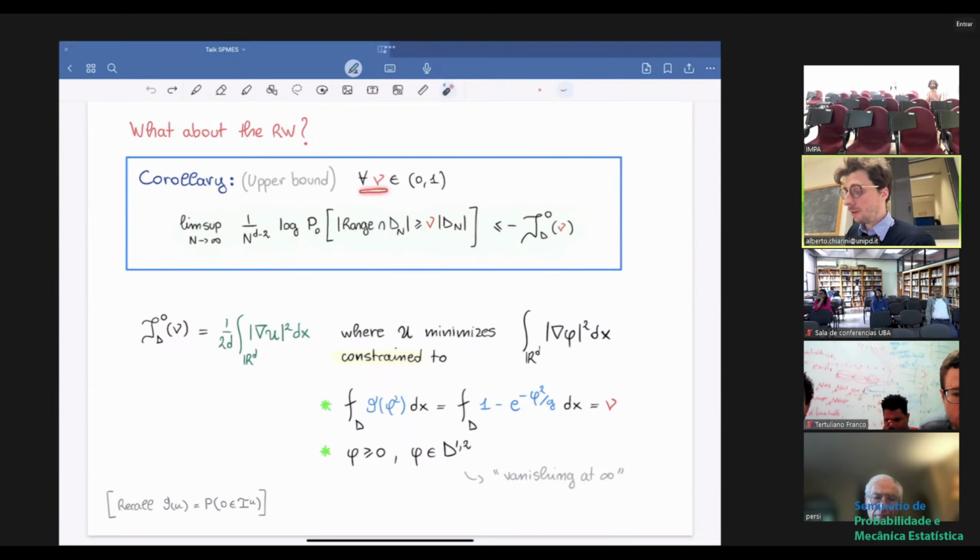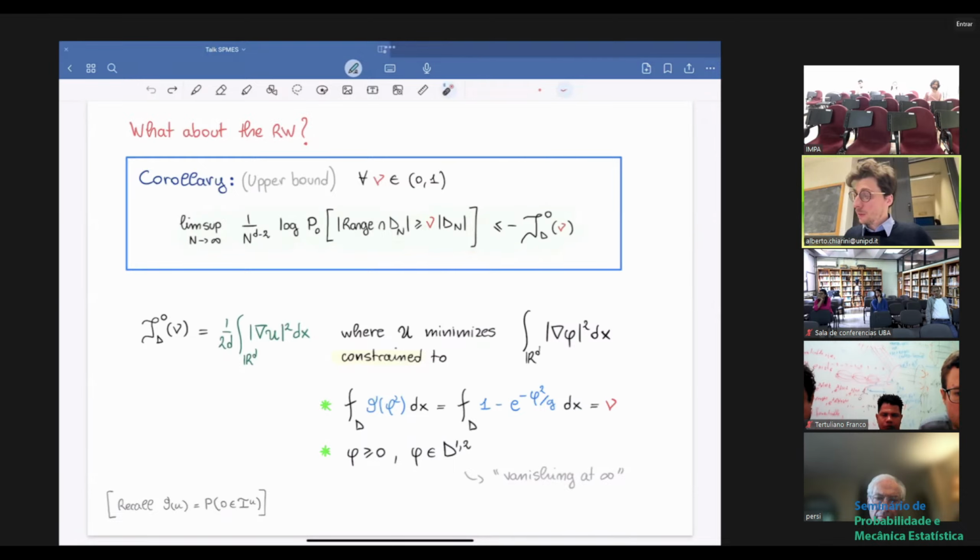And so for every possible nu in (0, 1), one gets that the probability that a simple random walk covers a fraction of points nu of the macroscopic body decays exponentially fast with a speed that is of capacity order, N to the d minus 2. This is due to these long-range correlations, polynomially decaying correlations of this model.